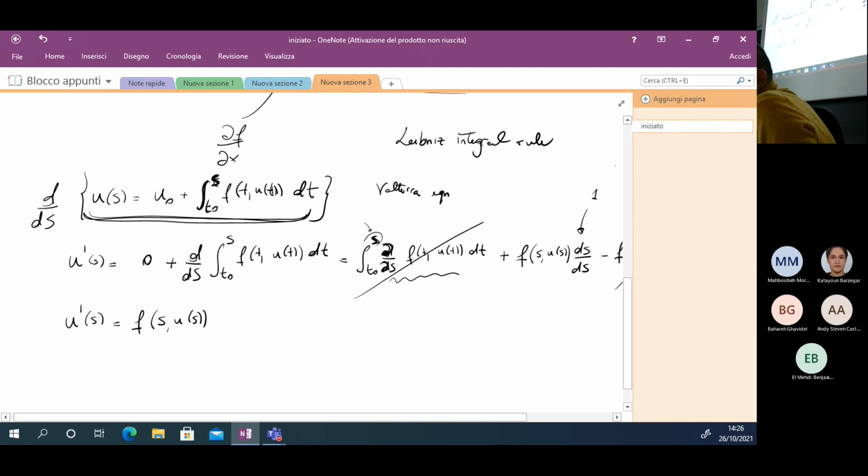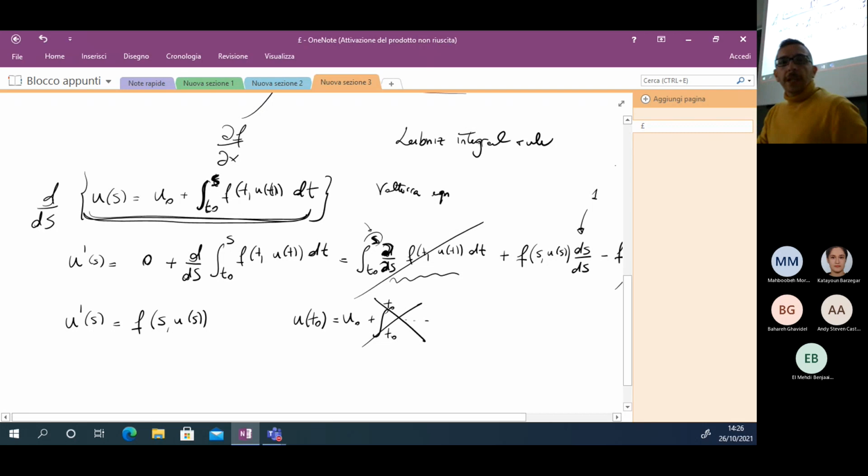This means that I'm evaluating u in t naught. In the Voltaire equation, what happens if I calculate u of t naught? U of t naught is u0 plus the integral between t0 and t0 of this thing. But the integral between t0 and t0 is 0. So u of t naught is equal to u0.